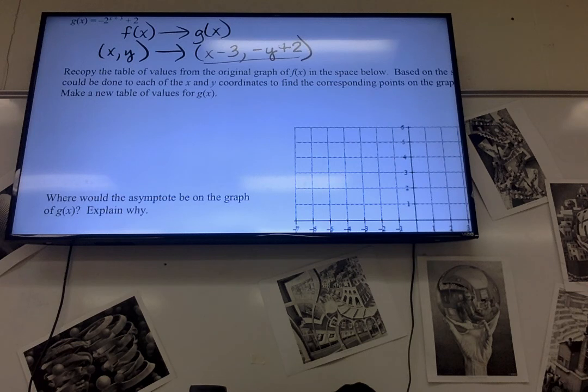It says to recopy the table of values. On the last page, for x and f of x, we had -2, 1/4; -1, 1/2; 0, 1; 1, 2; 2, 4.